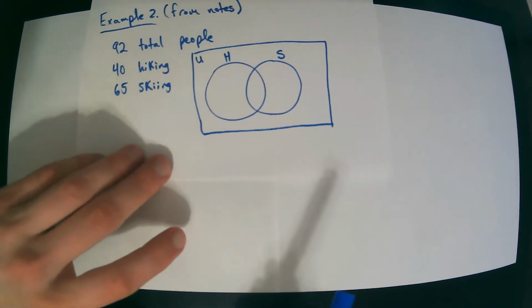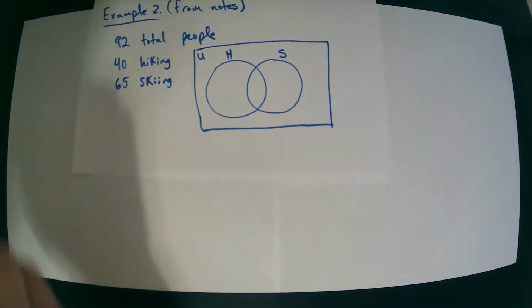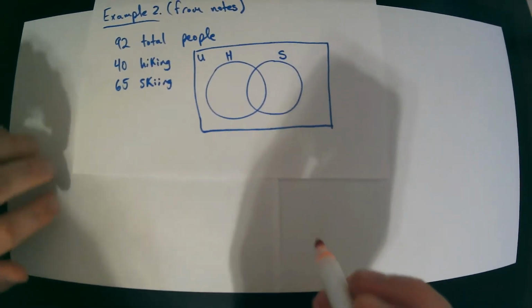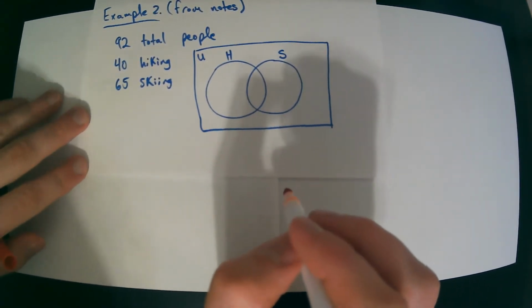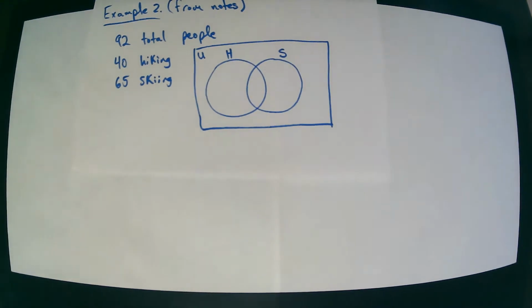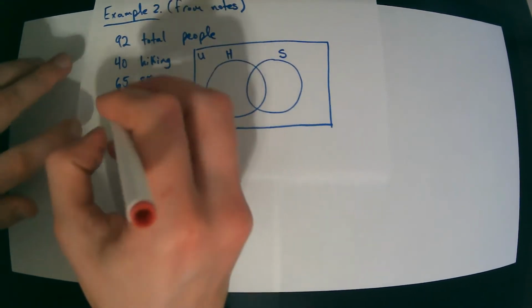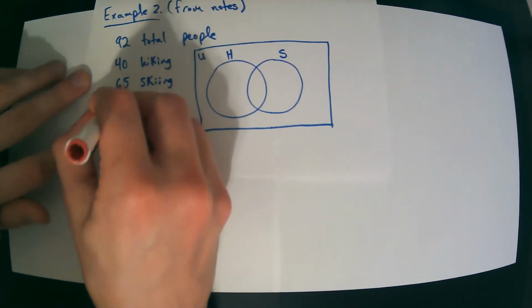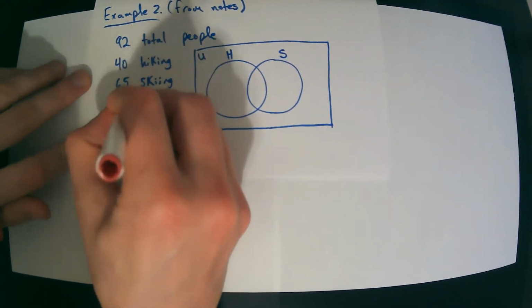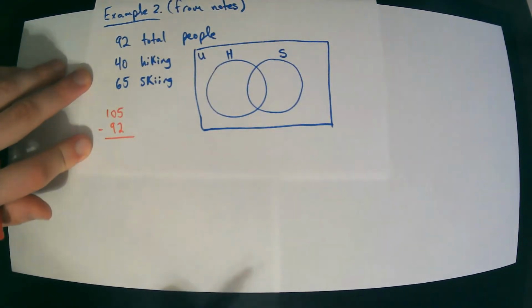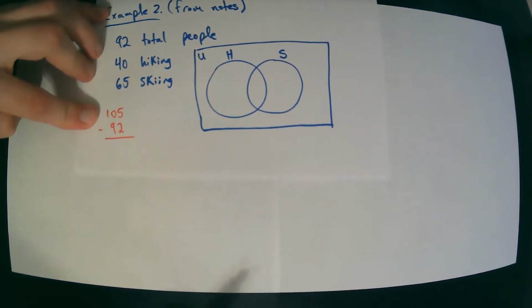So here's what we're going to do. To figure out what this center number is, we're going to say that if everyone did an activity, then we can subtract 92 from the total here, 105. 40 plus 65 is 105.